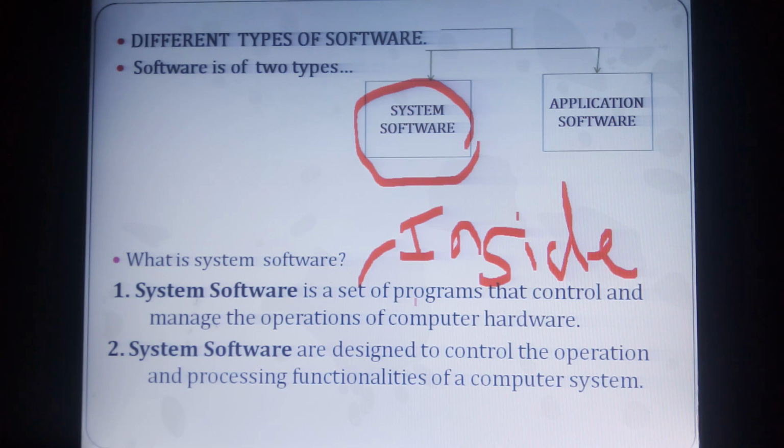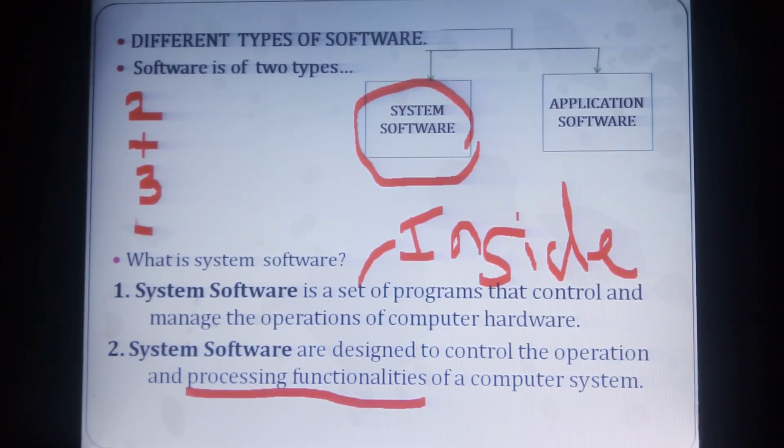The second point is that system software is specially designed to control the operation and processing functionality of a computer system. Children, you may be confused about what we mean by processing functionality. Suppose I give the command 2, then press plus, then press 3, then press the equal sign.